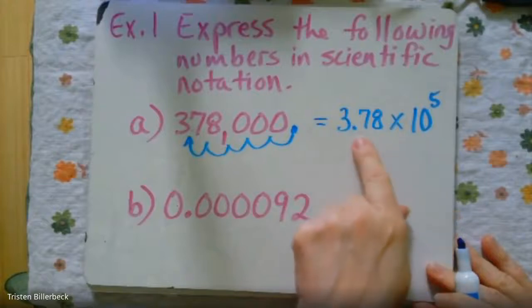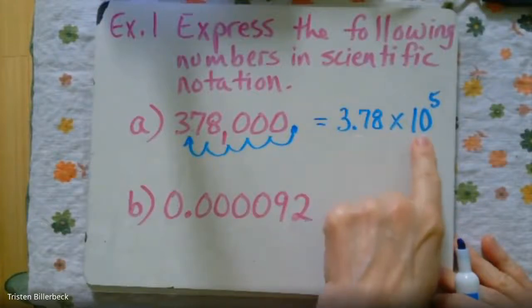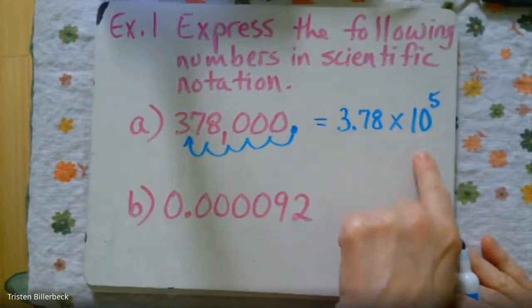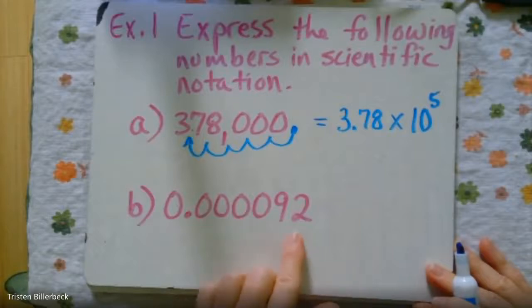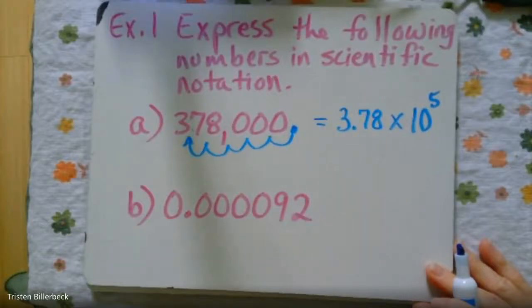So we multiplied this number by 10 5 different times to make this number. To make this number, we had to go the opposite direction. We had to divide by 10.